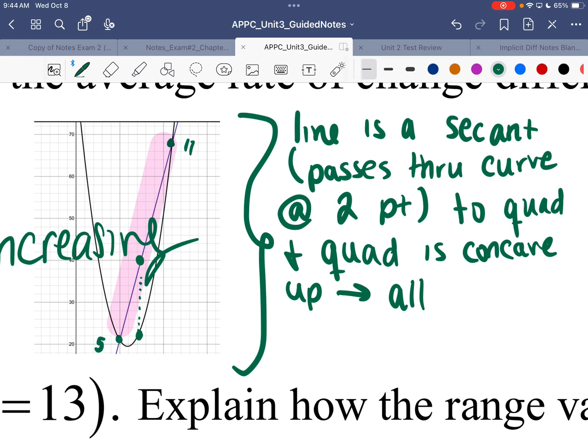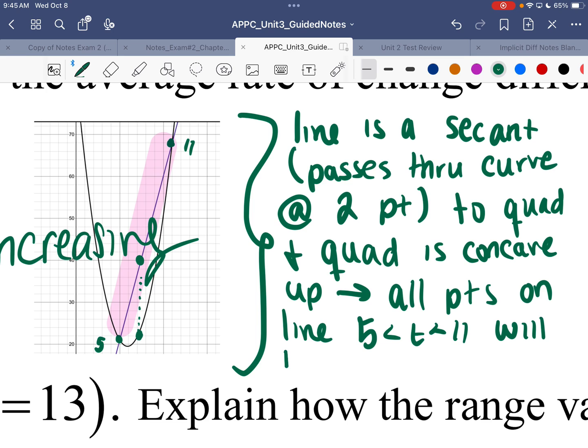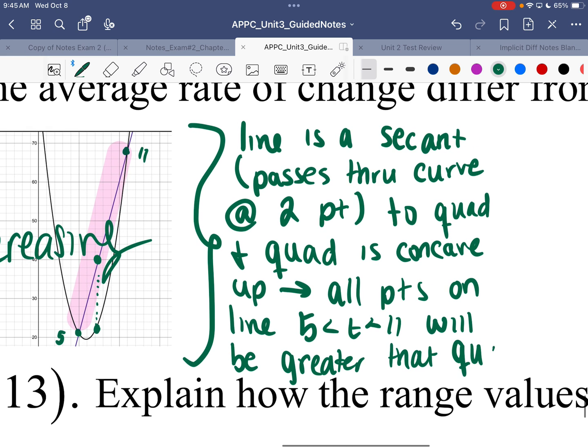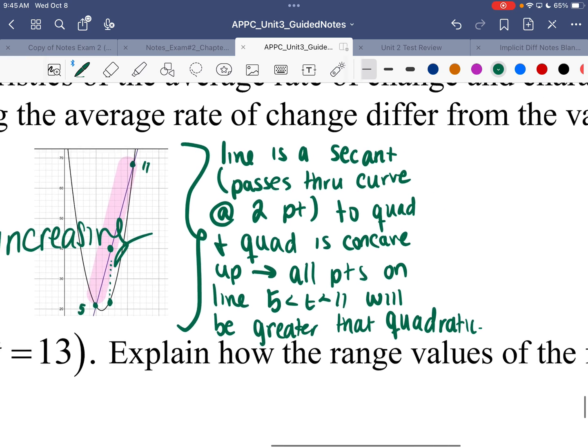So all the points on the line between 5 and 11 will be greater than the quadratic model. Because that's like the definition of a secant.